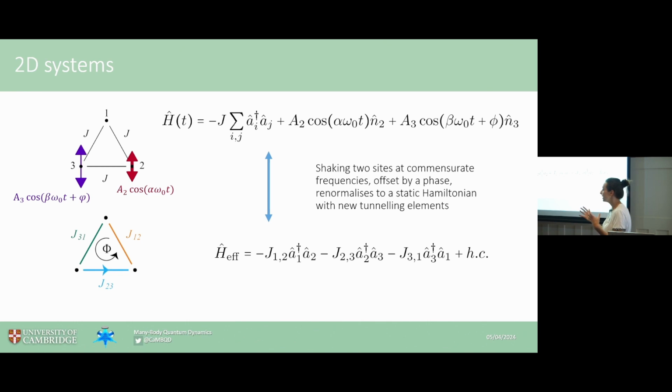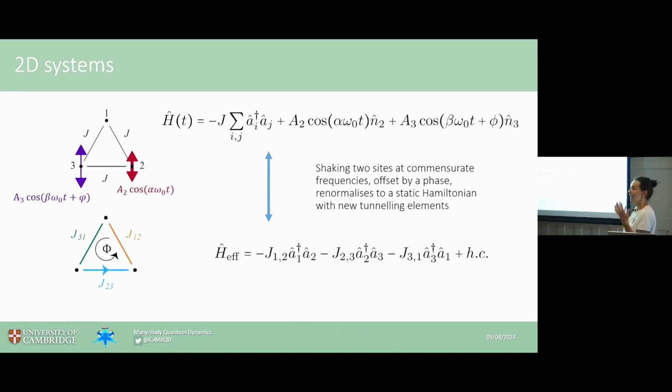When alpha and beta are integers, there's some overarching period of the system characterized by omega naught, and we can utilize Floquet theory. We also include that the third site might be offset by some phase relative to the second site.